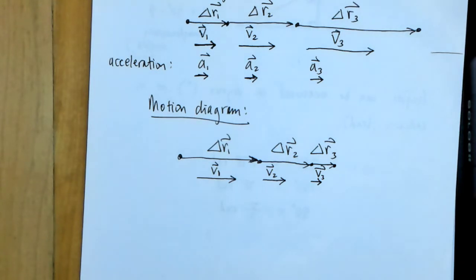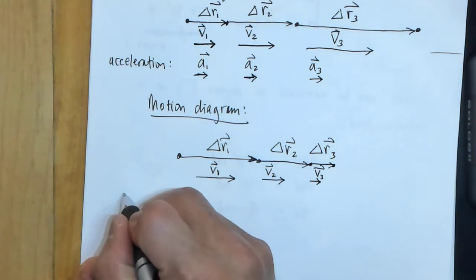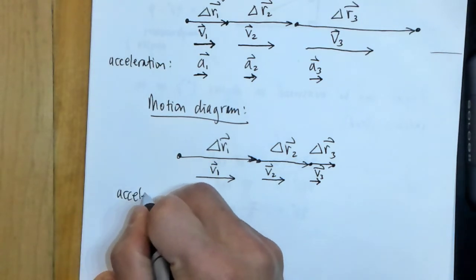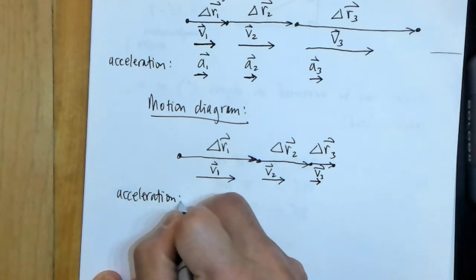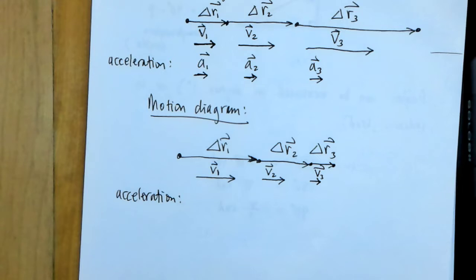Now in this case, if I'm talking about the acceleration, which way would it point this time? Yeah, it points to the left, because the velocities are all going to the right, but they're getting smaller. So there's a decrease in the size of the velocity. If you think of this as the positive x direction, you have positive numbers that are getting smaller.